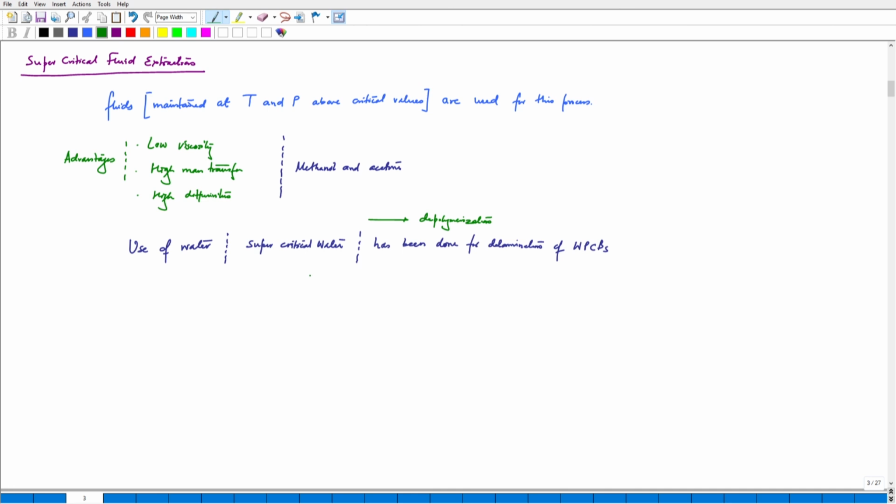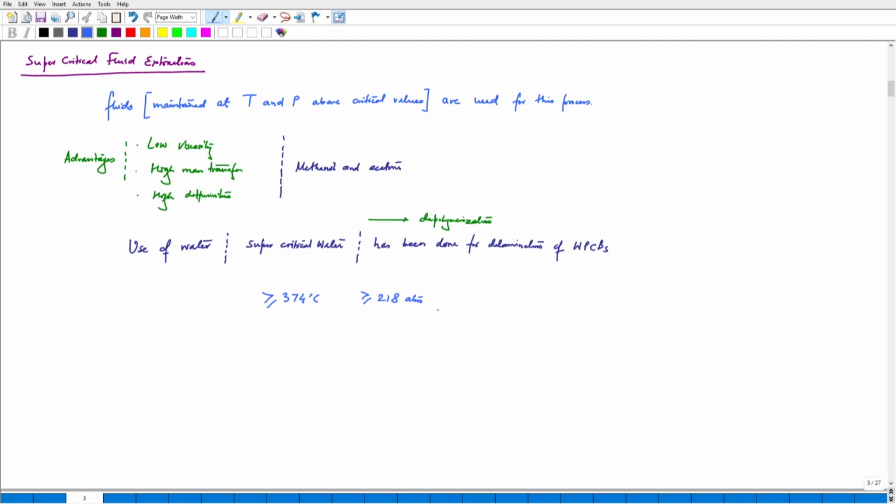For depolymerization, the temperature requirement is very large. So we can have, let's say, above 374 degrees Celsius and above 218 atmospheric pressure. These parameters are very large.